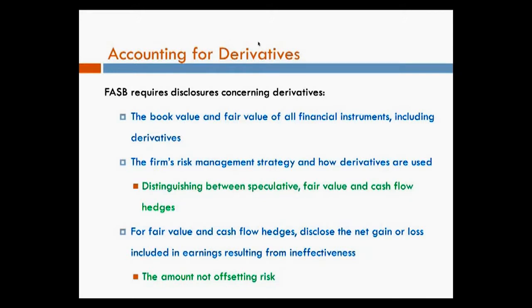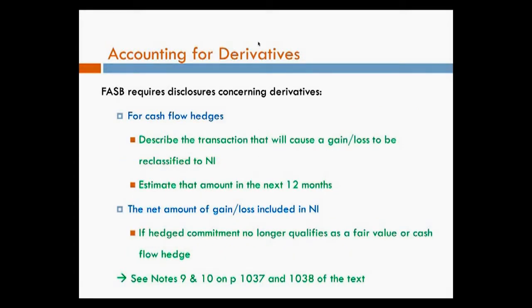And you would show any net gains or losses. And that's the amount that's not effective. I won't go through all of this here except to say that the notes are extensive as related to derivative transactions. So let's turn to page 1037 in our text.